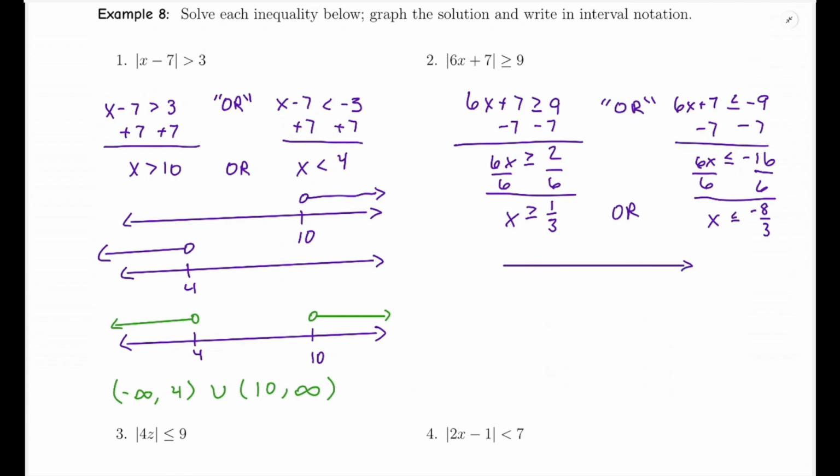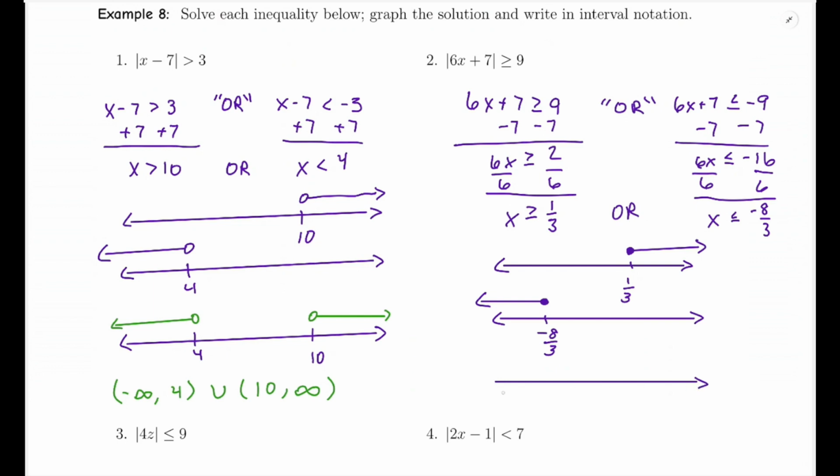So again, graph them separately to begin with. And then smush them together.